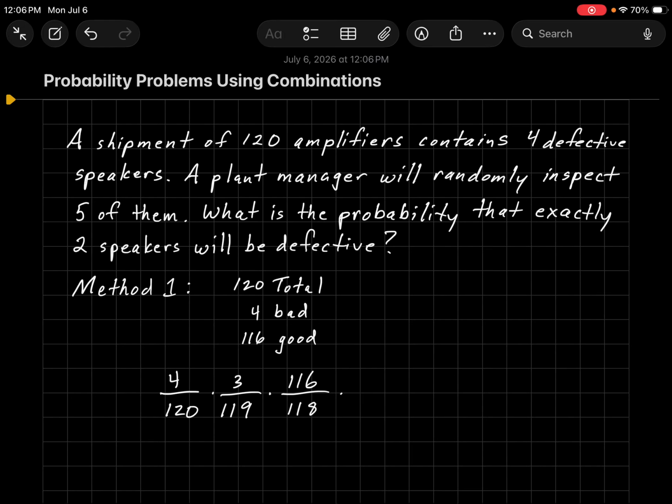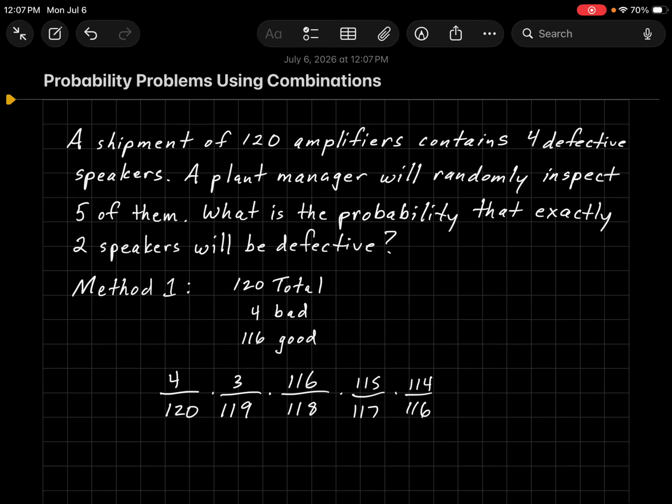What is the probability that the next speaker we choose is good? Well, there are 115 good out of 117 total. And what is the probability that the fifth speaker is good? Well, there are 114 good ones out of 116 total left over.